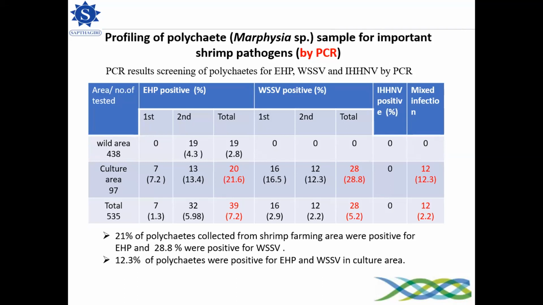So that means the water from the culture area is contaminating natural bodies, which is contaminating the polychaetes and other invertebrates, which act as a carrier or as a host at different levels. When the polychaete is used as live feed in the hatchery, the cycle continues from hatchery to farm, and again from farm to hatchery.